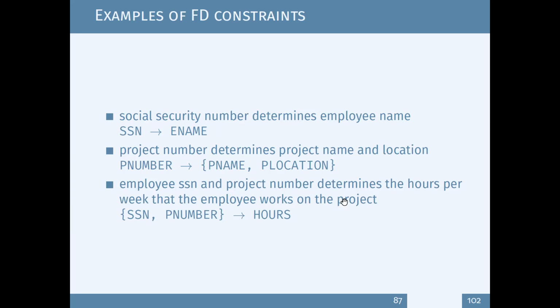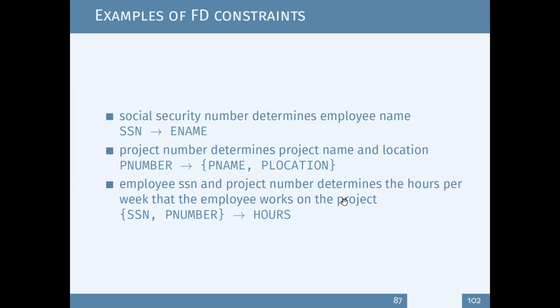What it means is that whenever you have the same social security number, you have the same name. Similarly, let's look at the second one. The second one has a curly bracket, and on the right hand side, we have project name and project location. So what it means is that using the project number, you can functionally determine project name and project location.